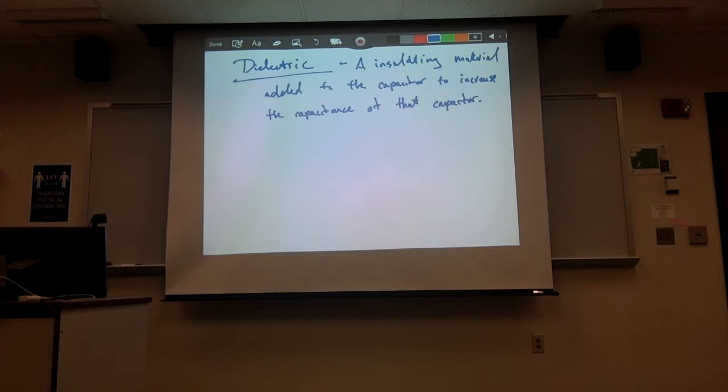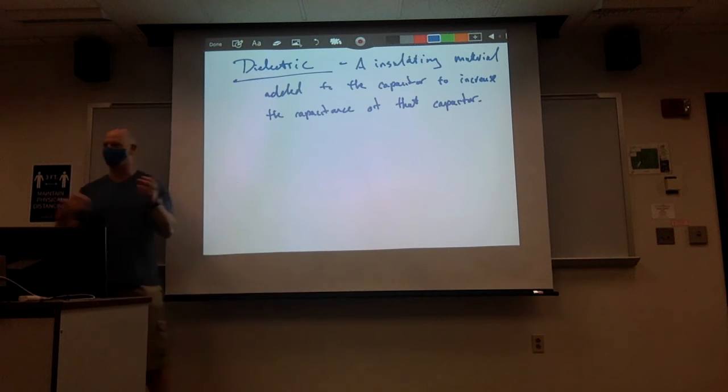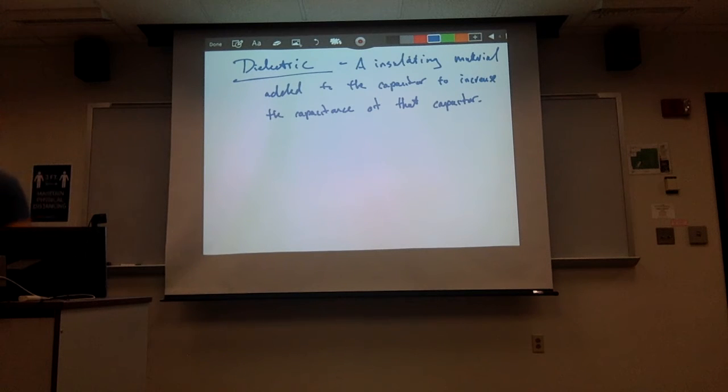So this is what we call a dielectric. A dielectric is simply an insulating material, because it has to be an insulator, that we're going to add inside of a capacitor to overall increase the size of the capacitance.